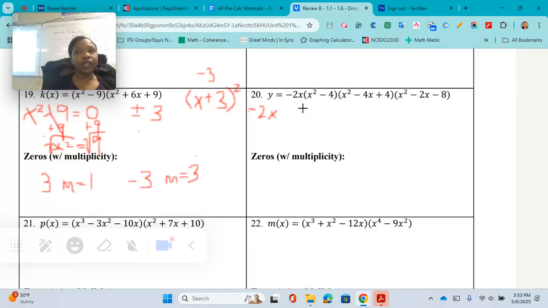Two numbers that would multiply to give you negative 4, and also would cancel out the middle term: positive 2 and negative 2.